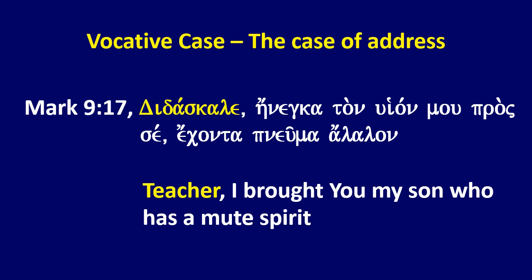For instance, here's a use of the vocative case of address in Mark 9, verse 17, where the word for teacher is used, didaskalos, but notice the ending is not omicron sigma, it's not didaskalos, it's didaskale. And the epsilon ending tells you that this is the vocative case form. In other words, somebody is speaking to Jesus and says, teacher, I brought you my son who was mute. So Jesus is being directly addressed here as teacher. That's the vocative case form.